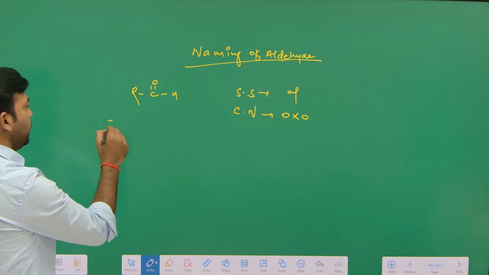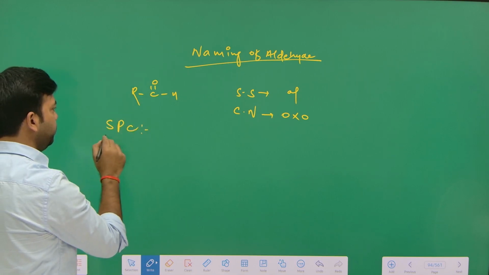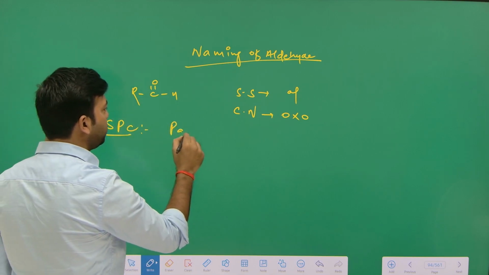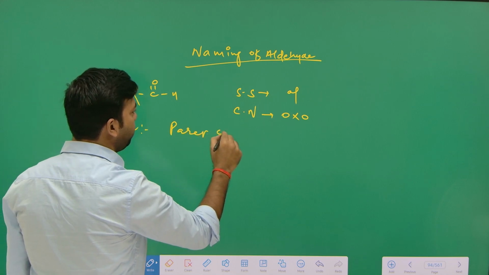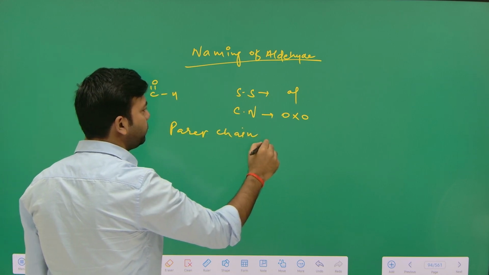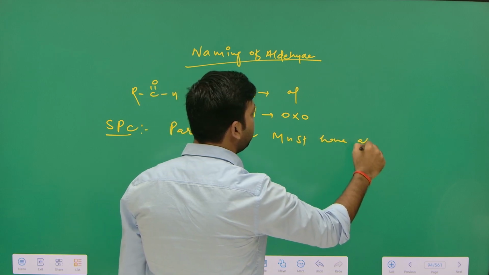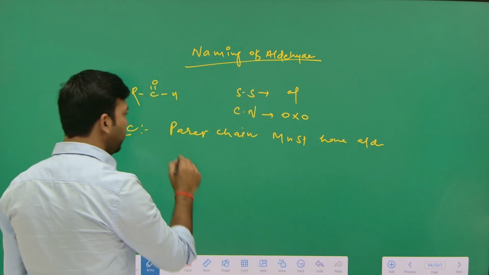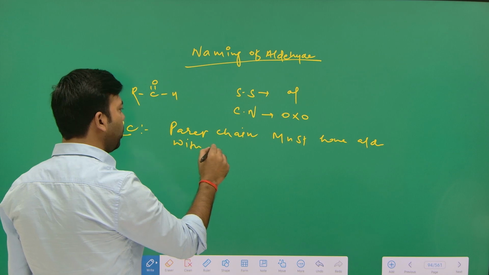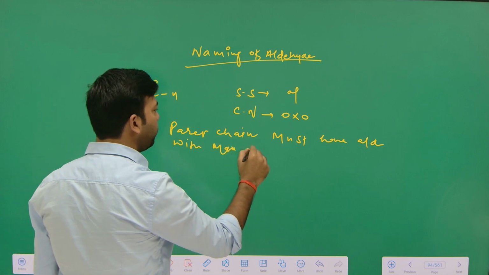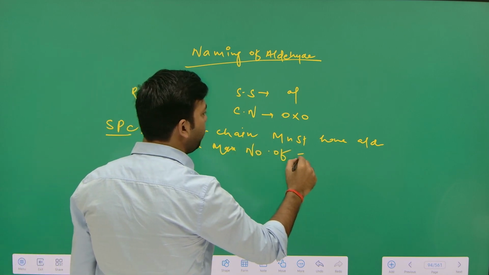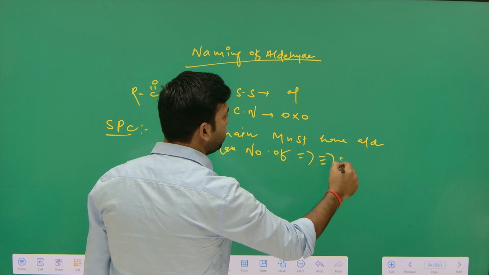So first thing is selection of parent chain. The parent chain must have the aldehyde, with the longest chain, with the maximum number of double bond, triple bond and substituent.